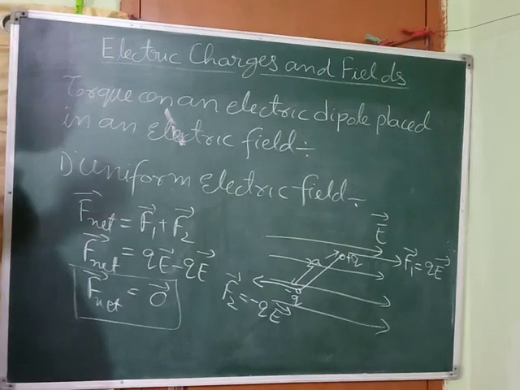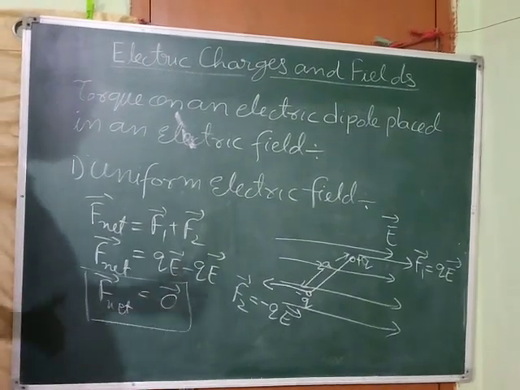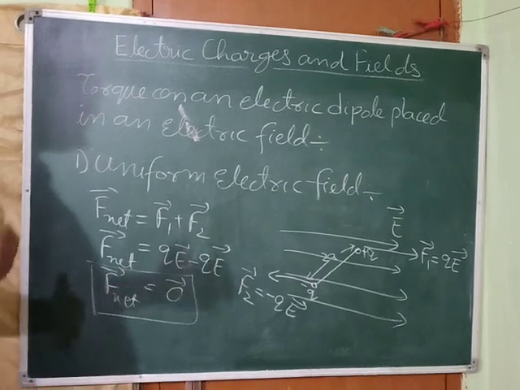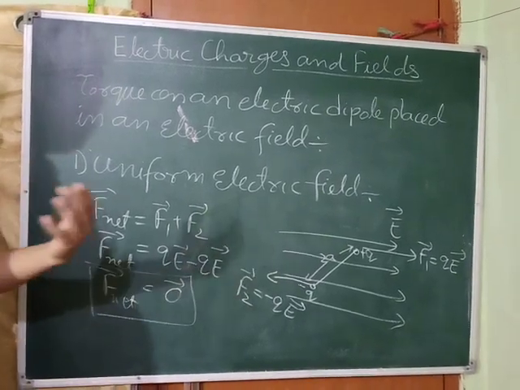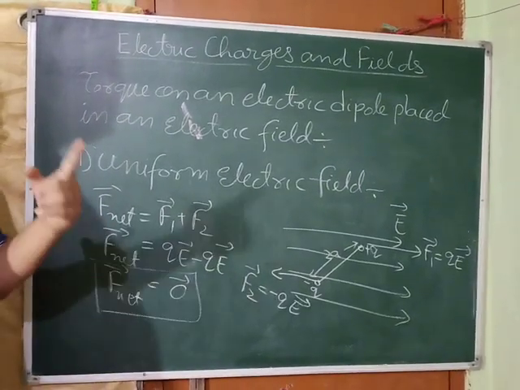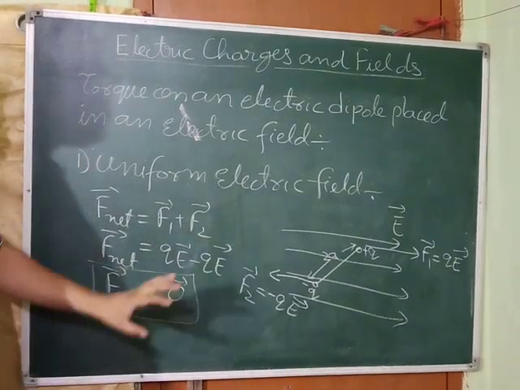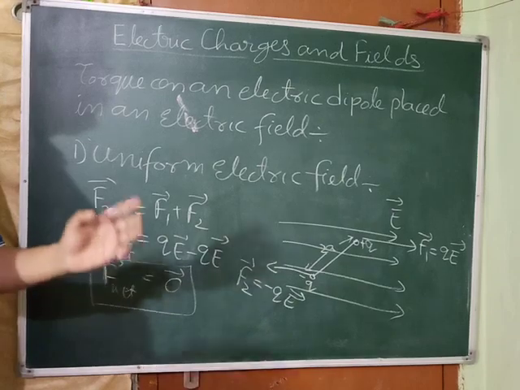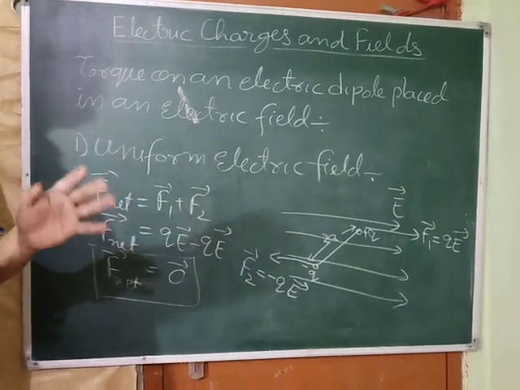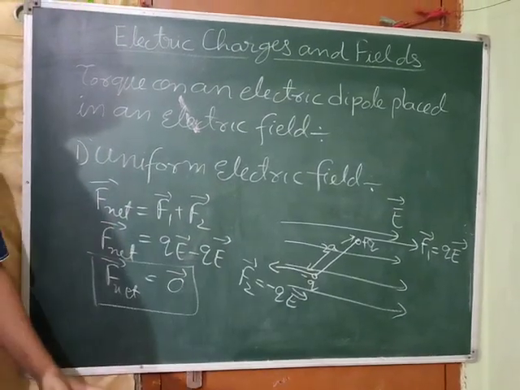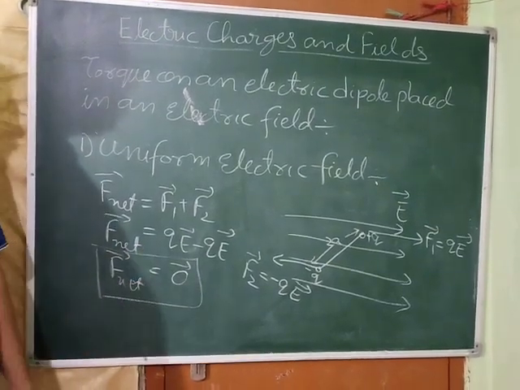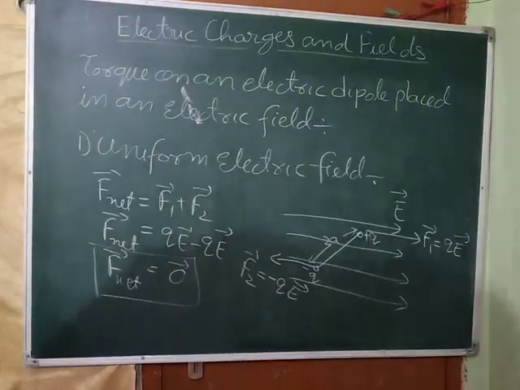But we have to check one more thing, that is rotational equilibrium, because in class 11th we have studied that a body can be in equilibrium only when its net force is 0, then it is in translational equilibrium, and when its net torque is 0, then it is in rotational equilibrium. When both conditions hold together, the body is in complete equilibrium. Now it is in translational equilibrium, that has been proved, but we have to check the rotational part.